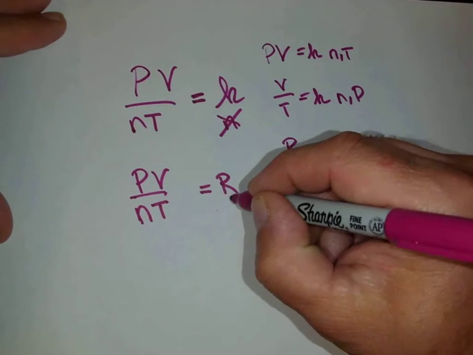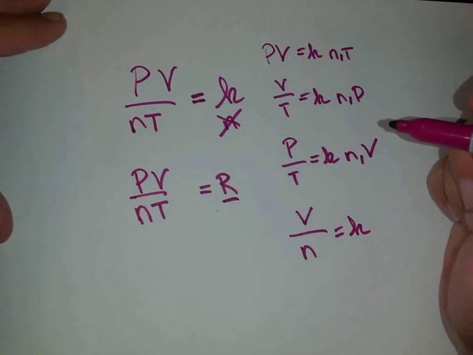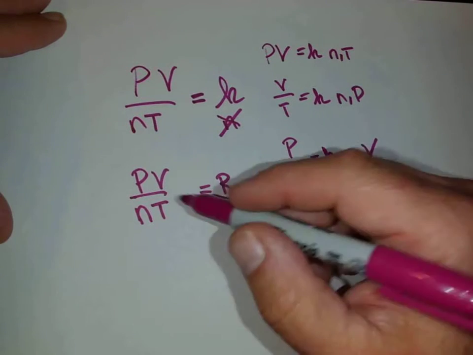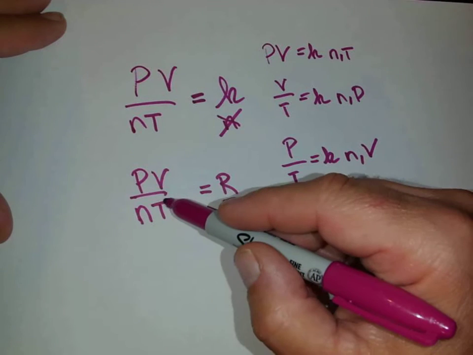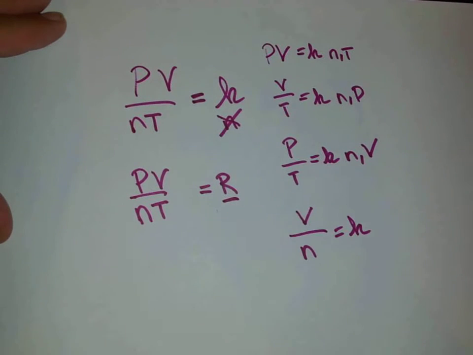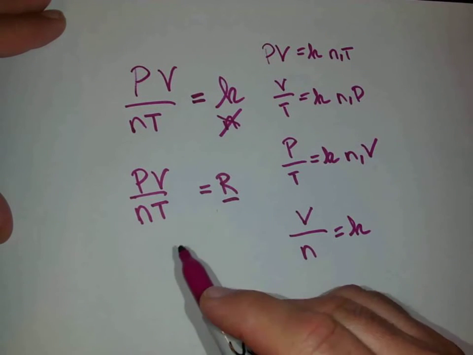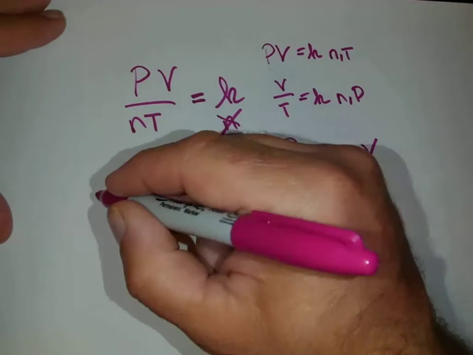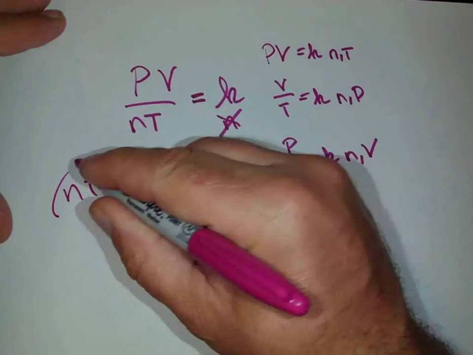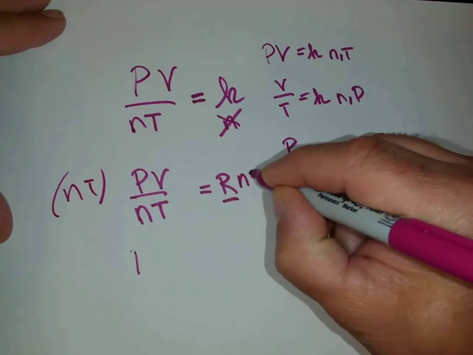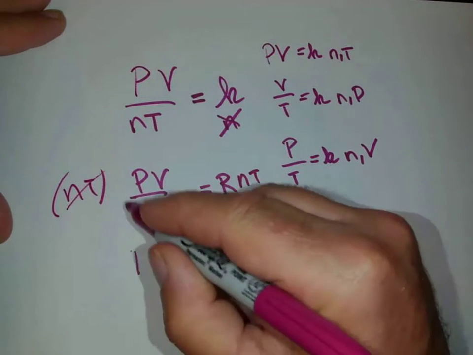Since this is always going to be a constant, and we don't want an equation with variables usually in the denominator, we want to rearrange this. Multiply both sides by n and T. We get n and T go bye-bye.